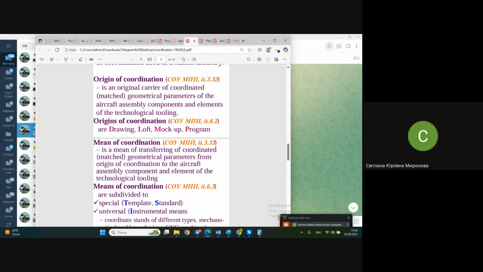Any universal device able to work with software, computer software that has programs to control the work of these devices, will be considered an instrumental means of coordination. So this system of names and concepts includes, as you understand, the whole variety of possible decisions for providing coordination, ancient and new.